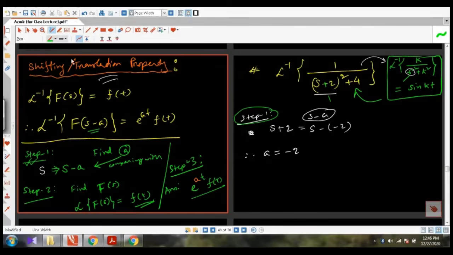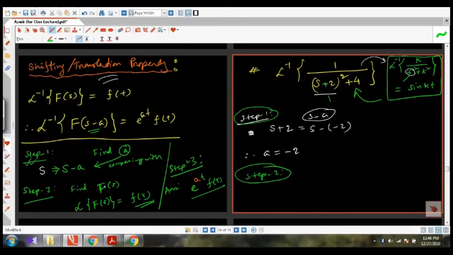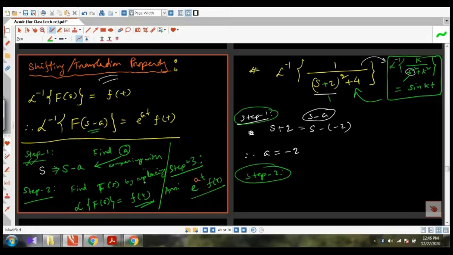Let's say step 2. In step 2, we have to find F(s) by replacing s negative a by s. Try to understand because the steps have to be followed. So here we have inverse Laplace of 1 over (s plus 2) squared plus 4.